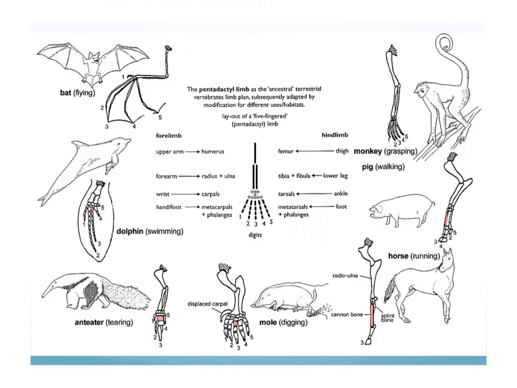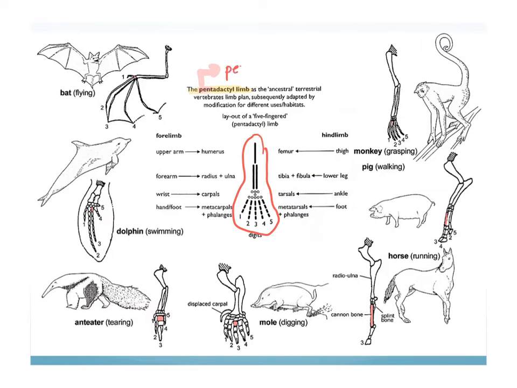Okay, I like this little diagram here. It's important to pay attention here to this diagram. We're going to come back to it when we talk about homologous structures. But one way that you can evolve is that you can evolve with your body structures. So this shows basically what is called a pentadactyl limb. Okay, so pentadactyl, penta meaning 5.